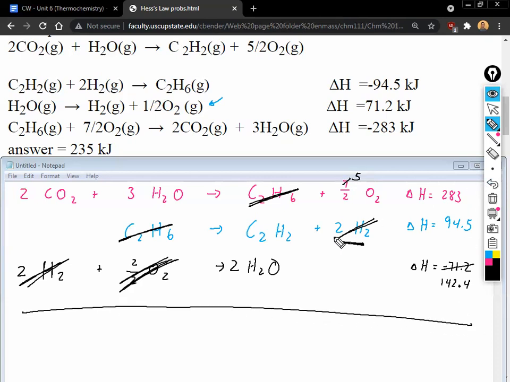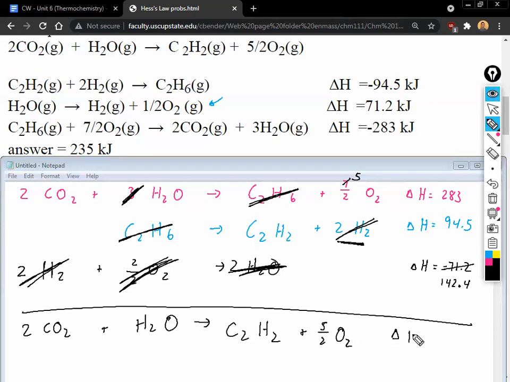We're basically ready to solve it. So we're just going to bring down everything that we have. We have 2 CO2. Oh, I forgot to cancel this out. Sorry. So this 2 H2O is going to cancel out this into 1. We're going to make 1 H2O. It looks like we have 1 C2H2, and then we have 5/2 O2.